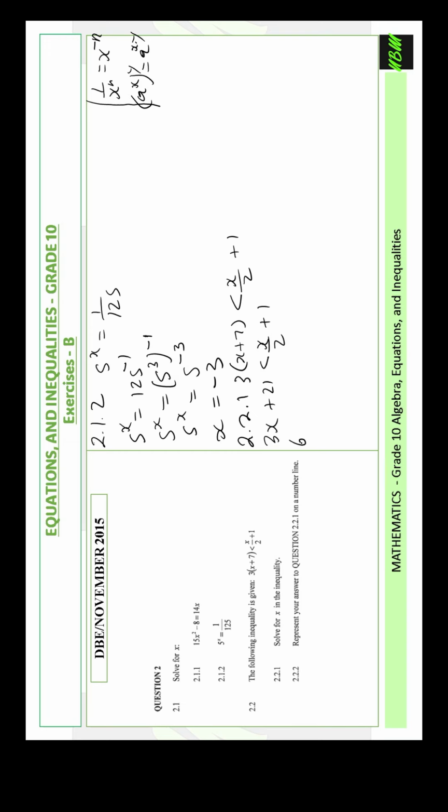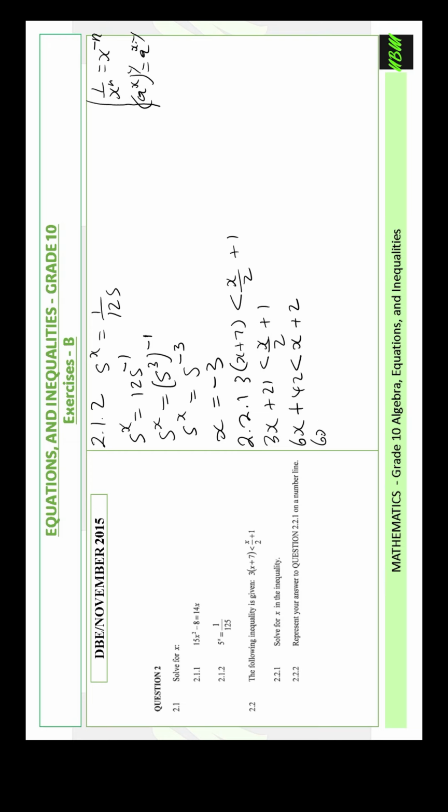3x times 2, 6x plus 21 multiplied by 2, 42 is less than x over 2 multiplied by 2 will just be x, and 1 multiplied by 2 will be 2. And then from there, we solve. Let's transpose x on the right hand side to the left hand side.